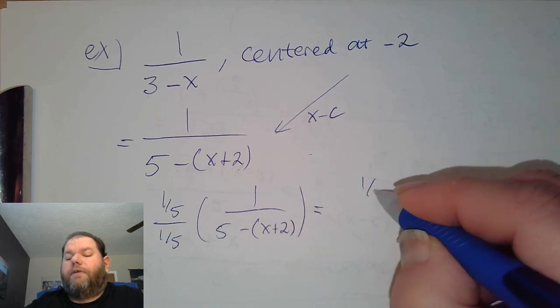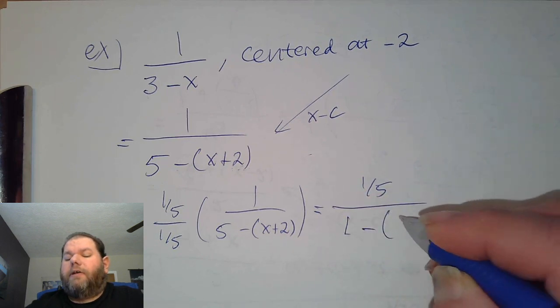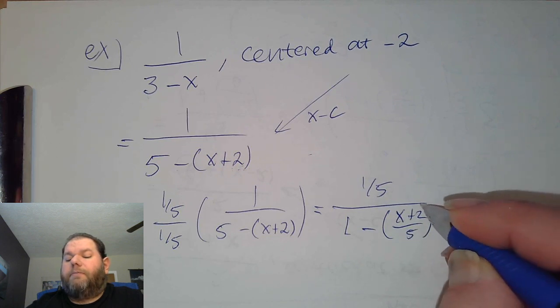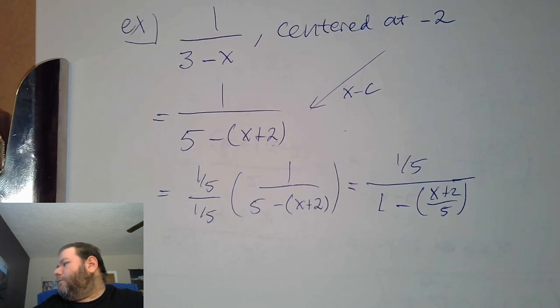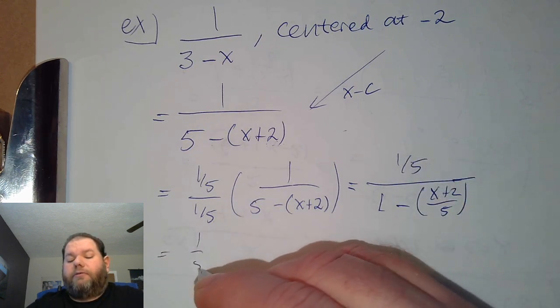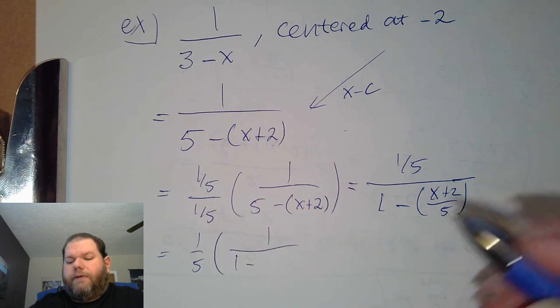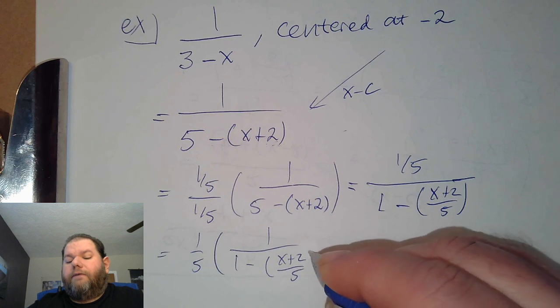So it makes it a 1/5 on top, and then a 1 minus x plus 2 over 5 on bottom. And again, this 1/5 on top we can factor out. This is 1 over 1 minus x plus 2 over 5.